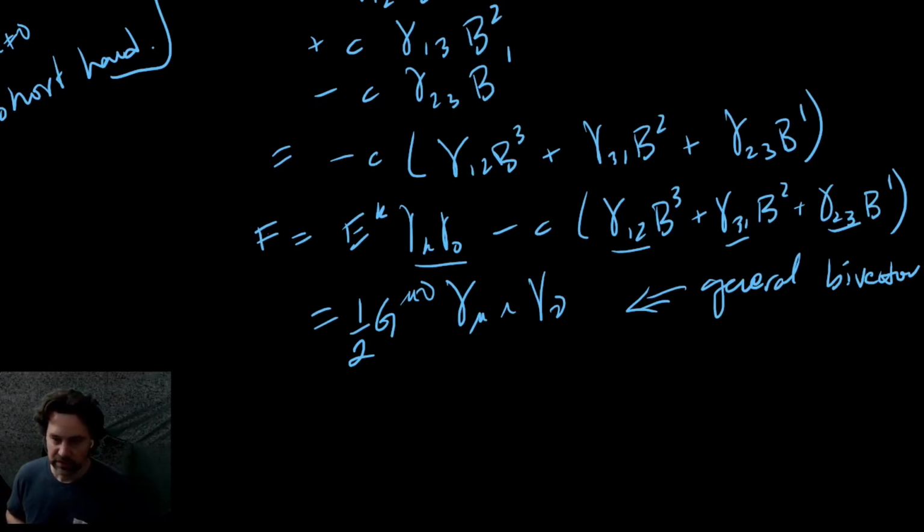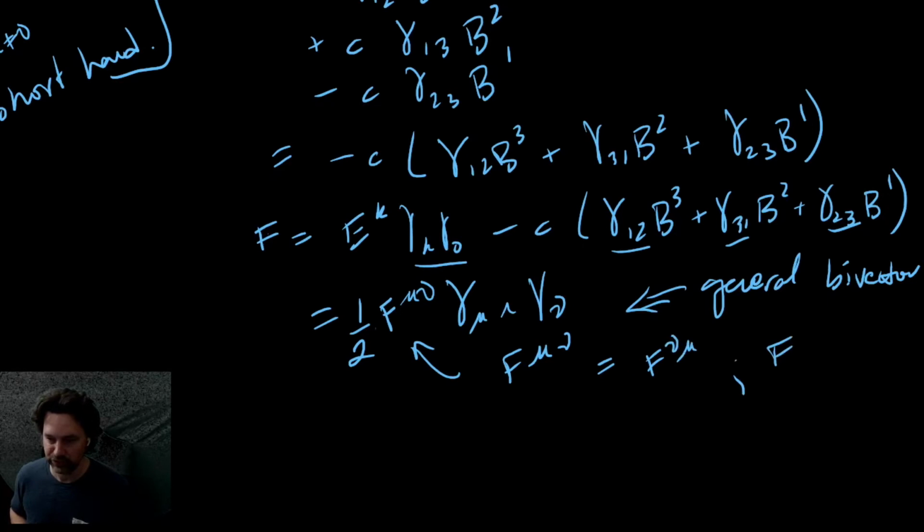Actually I won't use G, I'll use the standard symbol because we would call this F. So we have an F^{μν} for each gamma_μ wedged with gamma_ν, and provided here we need F^{μν} equals minus F^{νμ}.